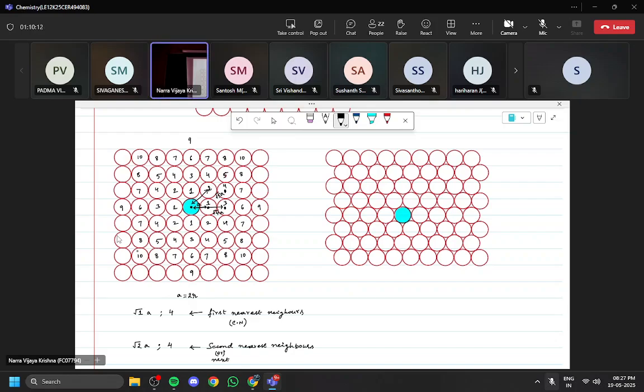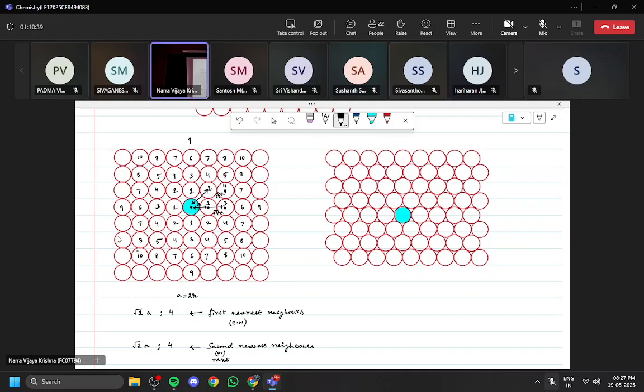Root 9a, root 10a goes to 3D. Root 11, root 12, 13, root 14, root 15, root 16 means 13, 14 in the third layer, means 3D.